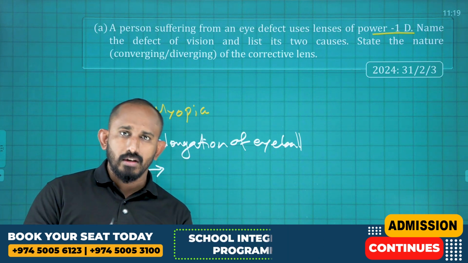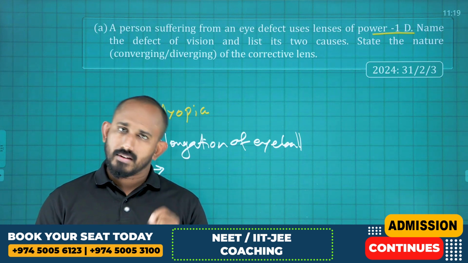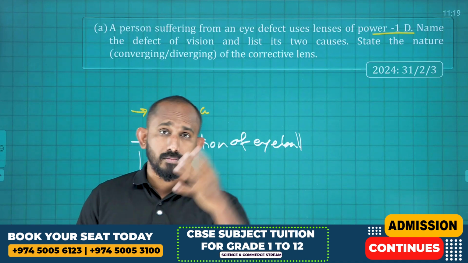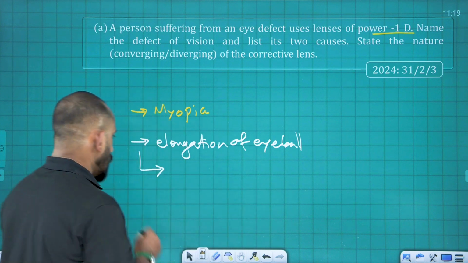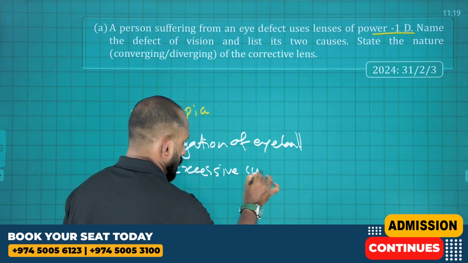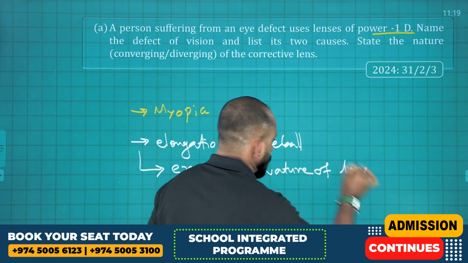So to see far away objects, the focal length should be maximum, and the lens should be very thin. So excessive curvature of the eye lens.